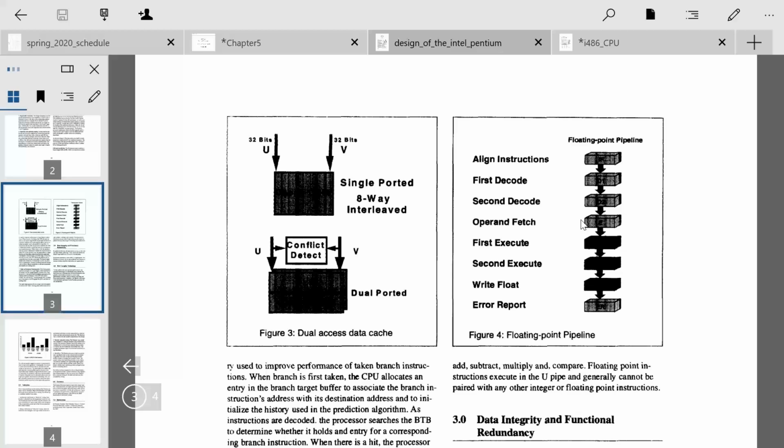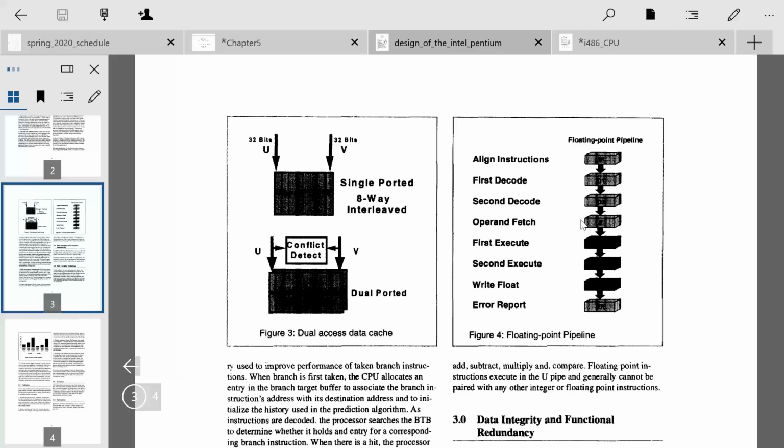But now you have these two pipelines that could be reading data. So now you have even a structural hazard amongst the data cache. So this necessitated them to split the caches. They had to have the separate instruction cache and data cache because the structural hazards just got too large.